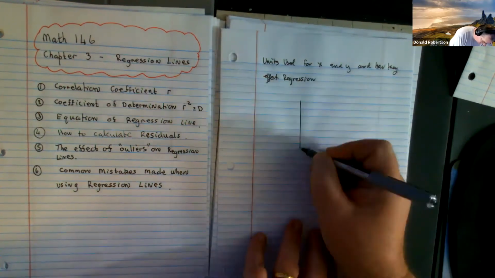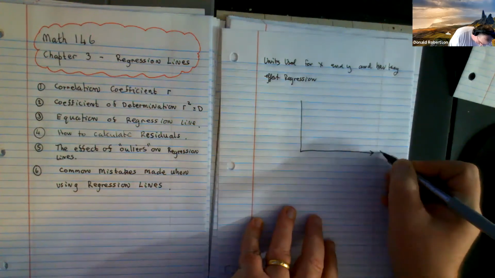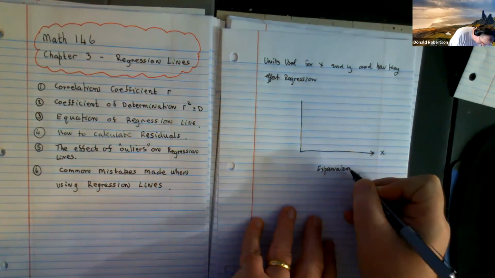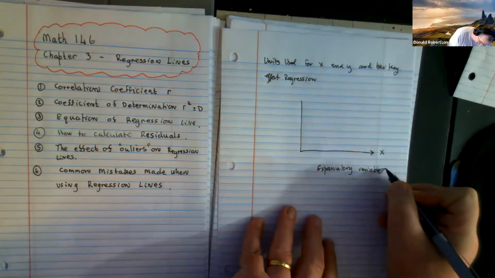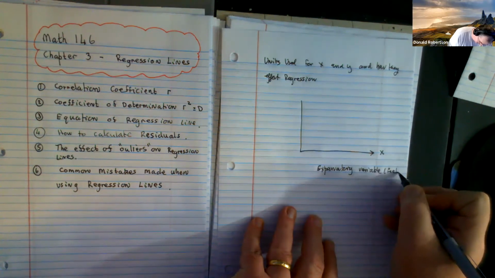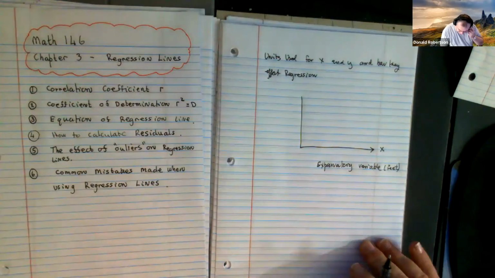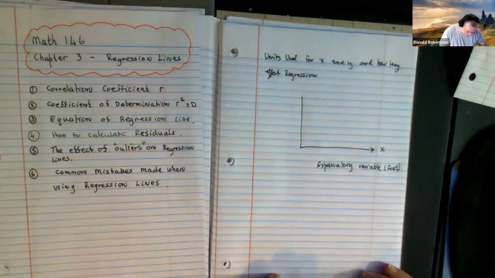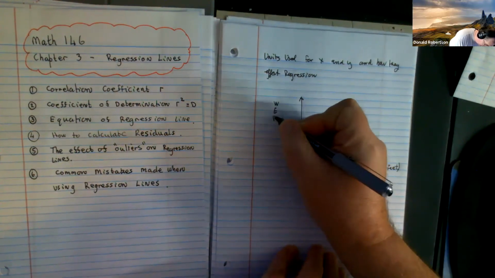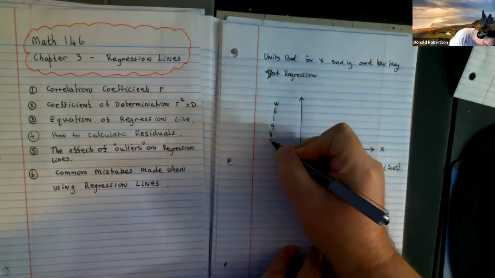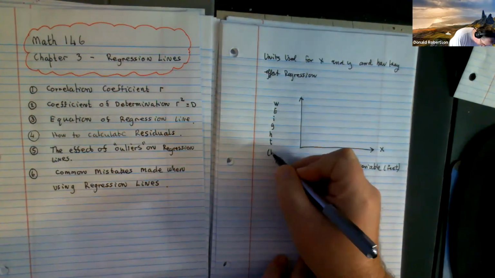So, suppose you were measuring something in X, the explanatory variable. Suppose it was measured in feet. So you measured the length of a snake in feet, and you measured its weight in pounds.